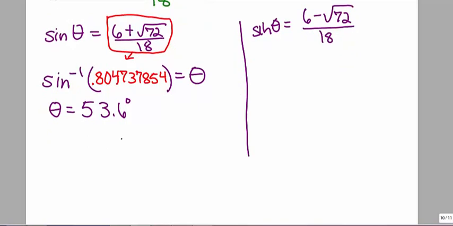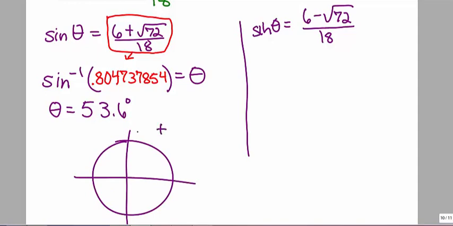And in our unit circle, we know that sine is positive in two locations. Not only 53.6 in quadrant 1, but also we want to use that as a reference angle. So the distance from the x-axis to this point, 53.6, we're going to use that same distance and go into quadrant 2 that exact same amount.